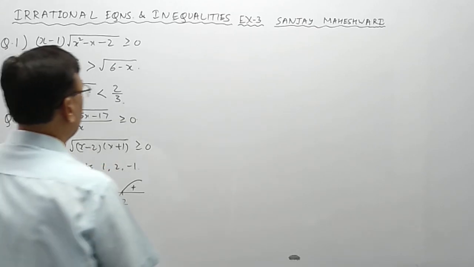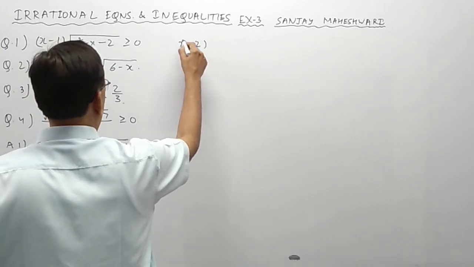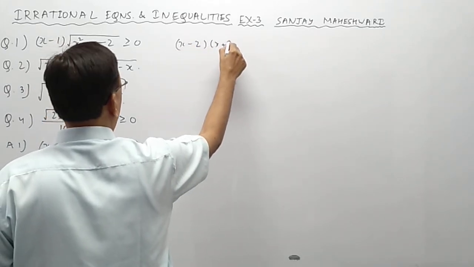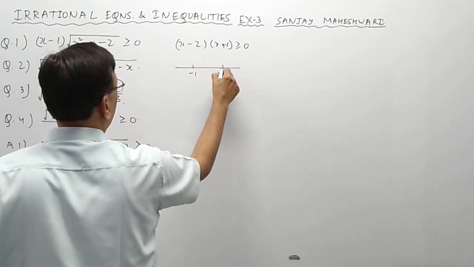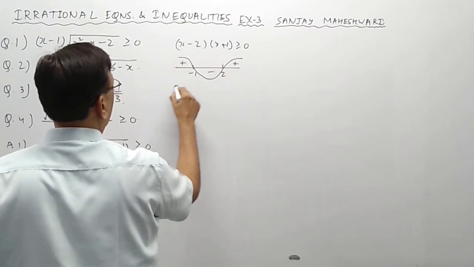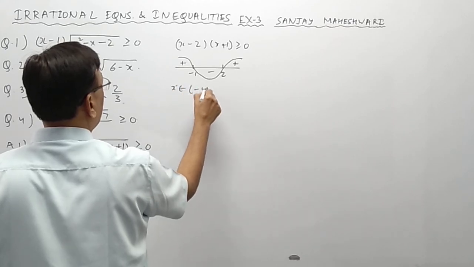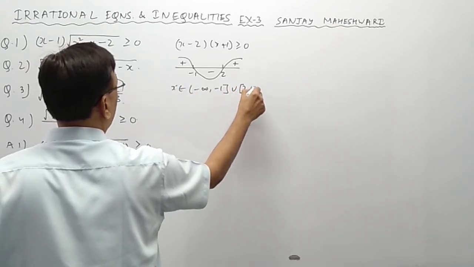Now (x minus 2)(x plus 1) should also be greater than 0. Minus 1, 2. x belongs to minus infinity to minus 1 union 2 to infinity.